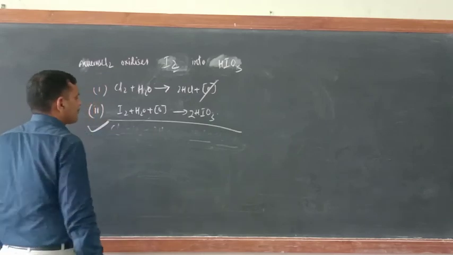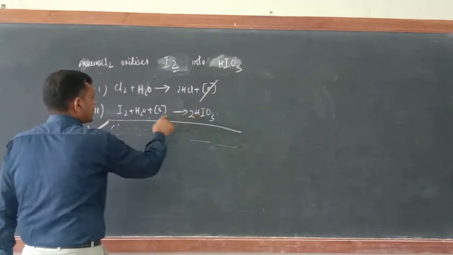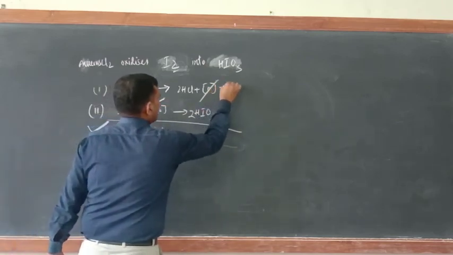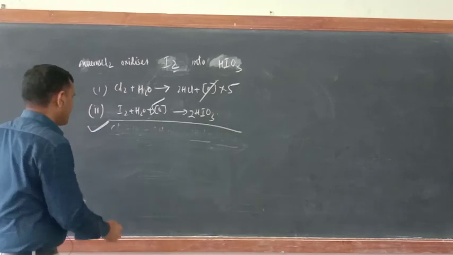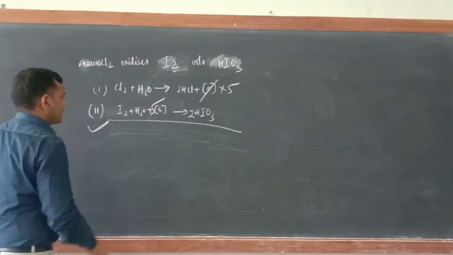So 2 HIO3, okay, I2 is balanced. Now oxygen is 3, so this should be 5 oxygen. This should also be multiplied by 5, and this should also be multiplied by 5. So what is the product now?